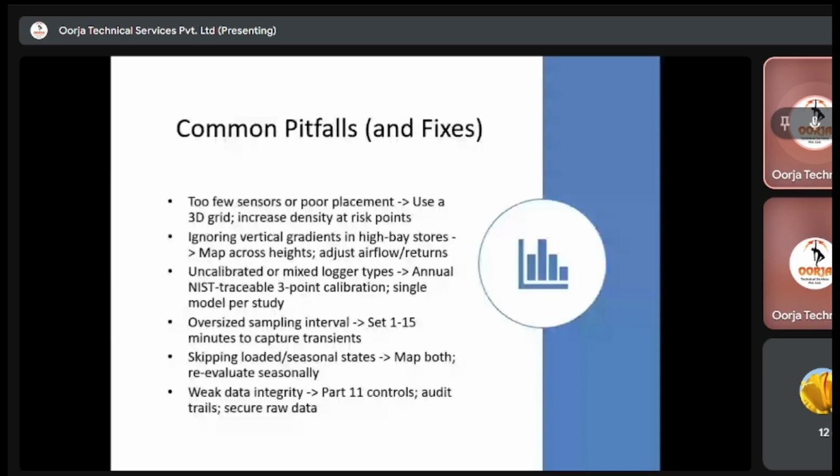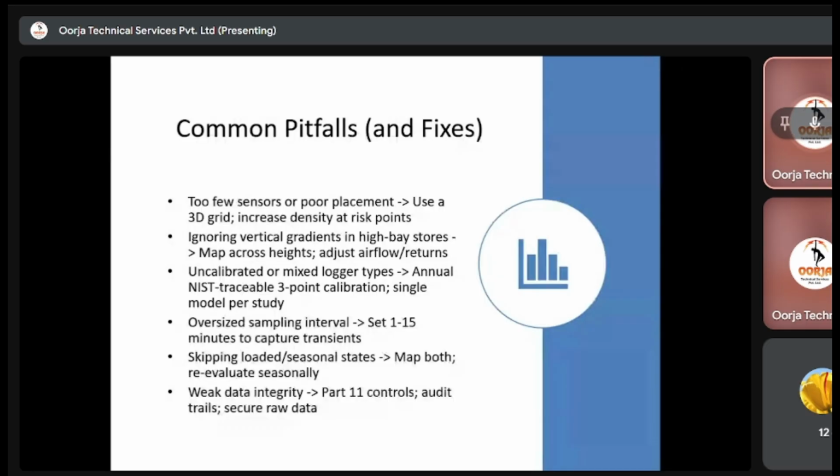In that case, we will have to increase the locations in the vertical direction. Earlier we were using three locations across the height, so we will have to increase the number of locations across the high area. So we may have, let's suppose, 0.2, 0.3 meter, then 1.8, 3.6, 5.4.